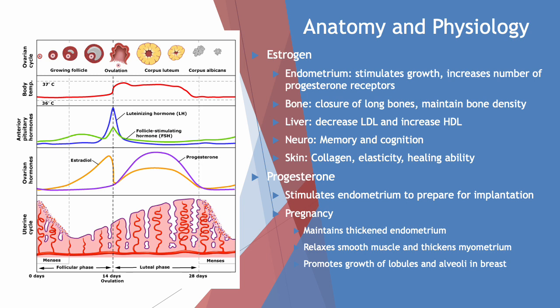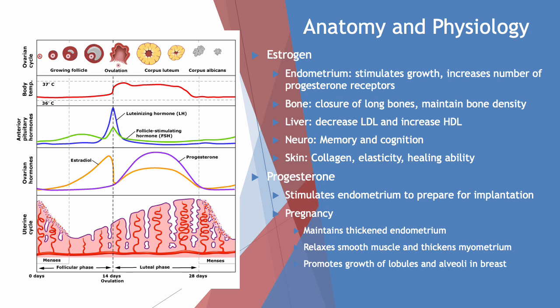So for endometriosis's disease process, it's important to talk about the hormones that affect the endometrium lining. The two big ones are estrogen and progesterone. Estrogen is the generic term for three hormones: estradiol, estrone, and estriol.